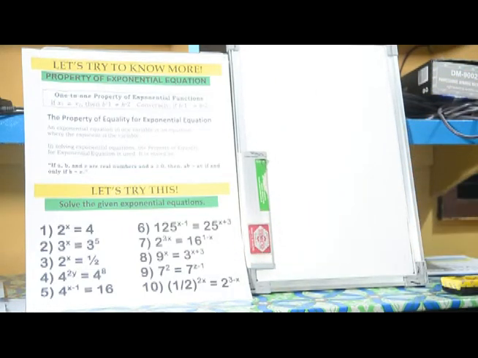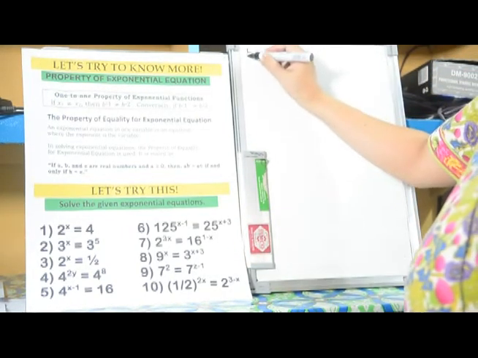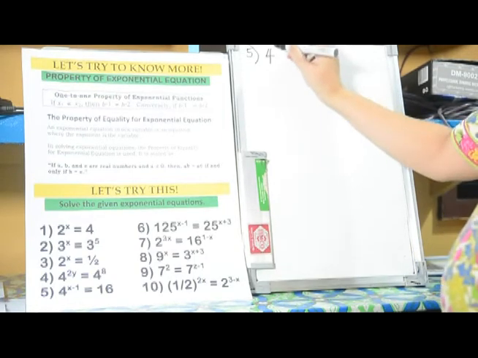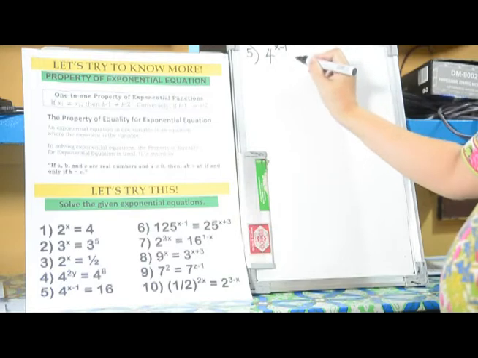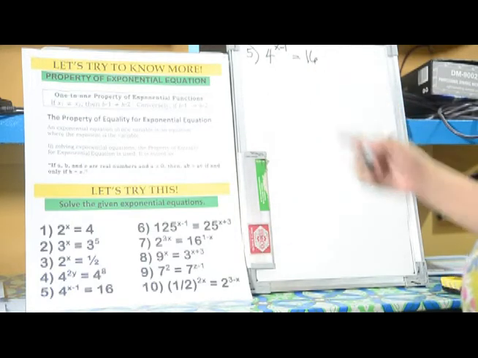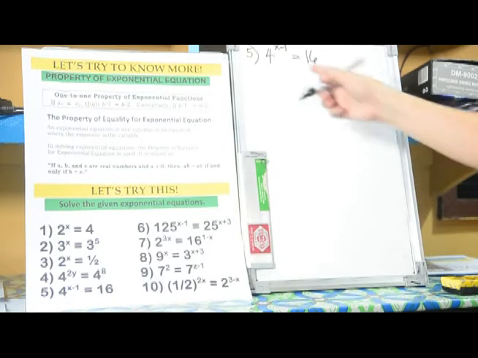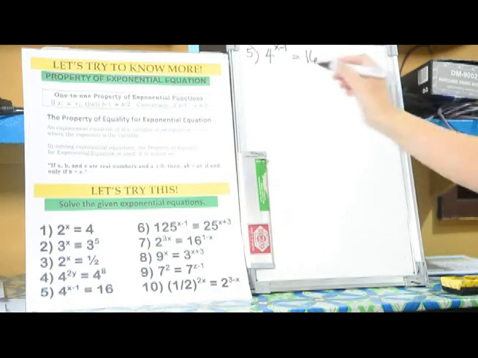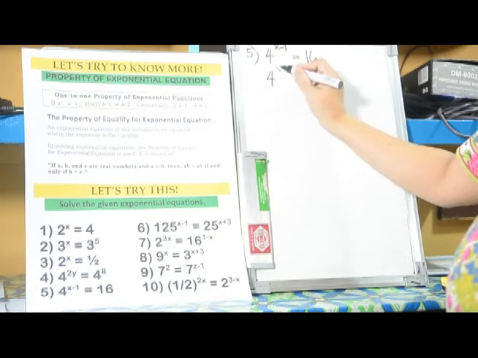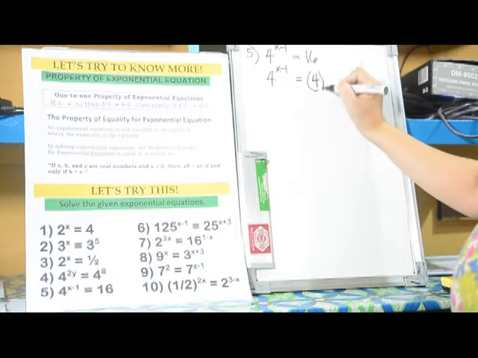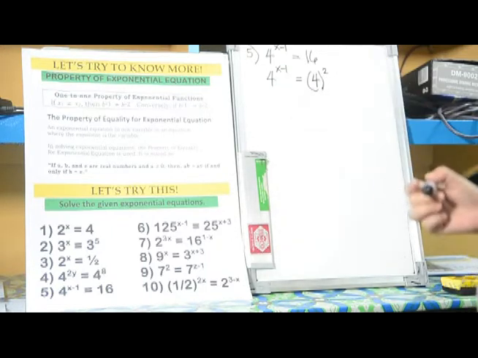Okay, so for number 5, we have this example: 4 raised to the power of x minus 1 is equal to 16. We don't have the same base here. The common base is 4, so we can change 16 to its factor form. 4 raised to the power of x minus 1 is equal to 4 raised to the power of 2, which is 16 also.